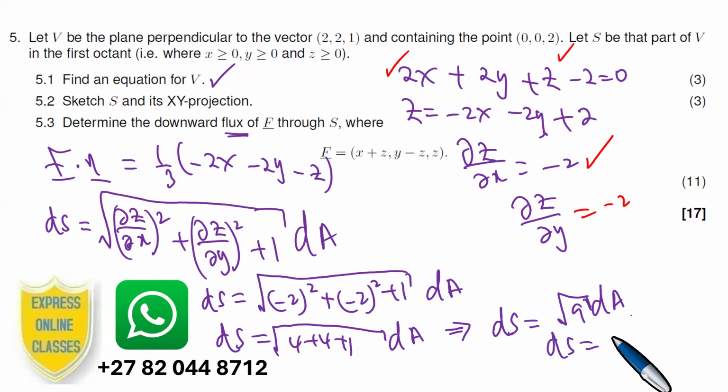The square root of 9 is 3. So dS is 3 dA. So now we've got another equation that we need to use.